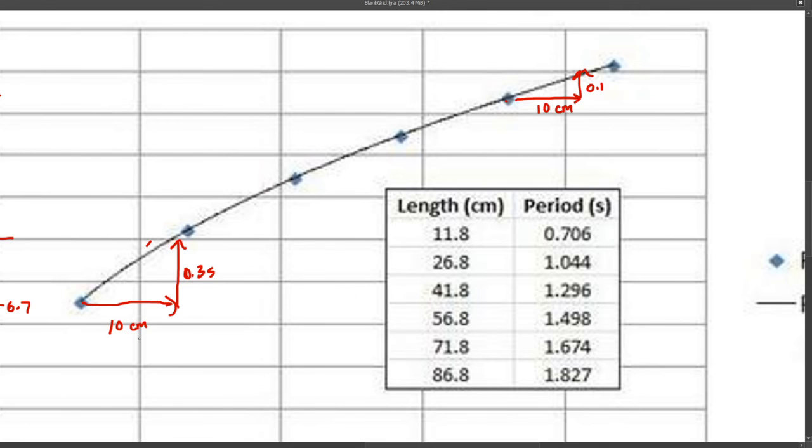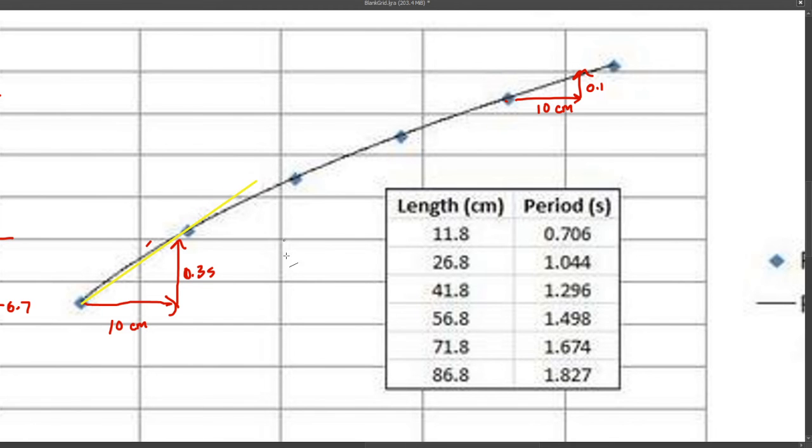As we grow the length of the pendulum, we are getting a longer period, but we are getting less and less growth in the period as we make the pendulum longer. A longer pendulum is affected less by added length than a shorter pendulum is. A good way to see this is with slopes.